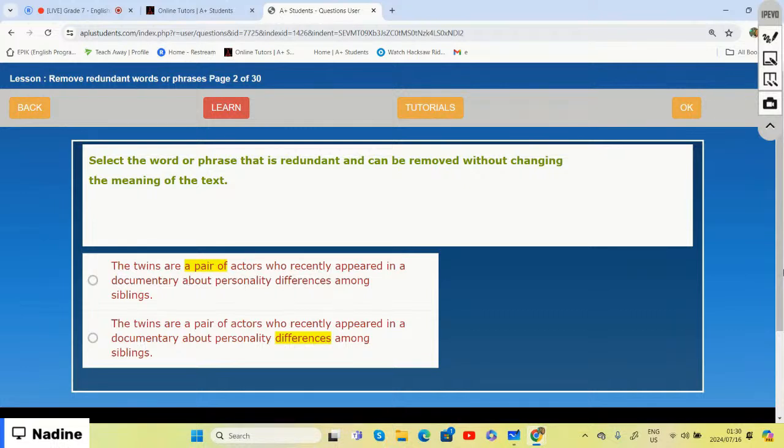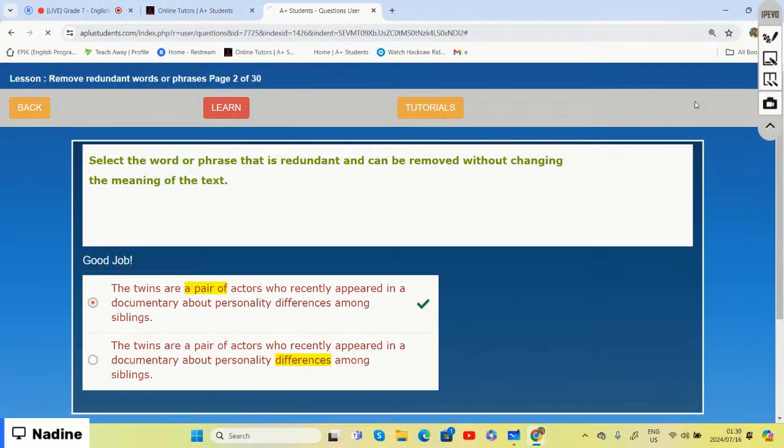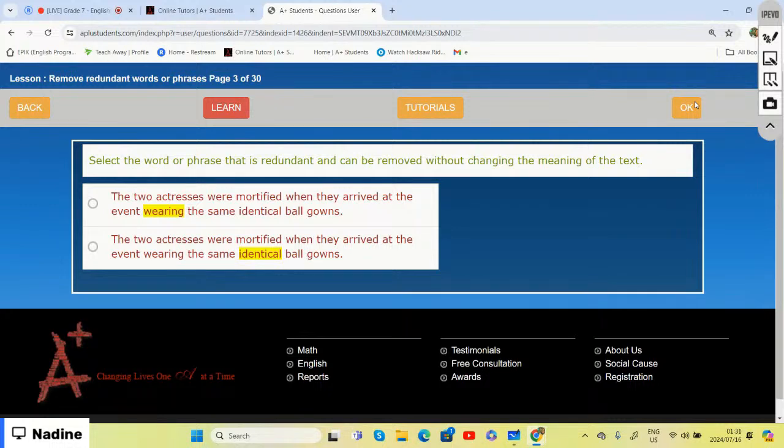So, the twins are a pair of, right? Because a pair of is the same as almost saying twins, because twins is two, a pair is two, right?